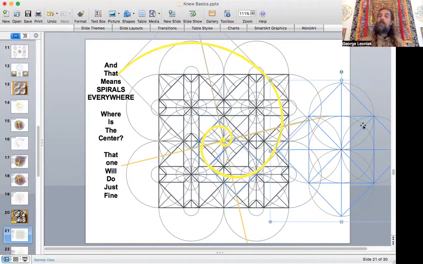This is classically designed right here, with the circles all meeting at the center point. And I was just saying that the spiral can emanate from any point along the surface of the octahedra, these blue octahedra. They're all 6 circles meeting in that center point, and in a very simplistic way of looking at it, all 6 of them are contributing to the center point of a golden spiral.